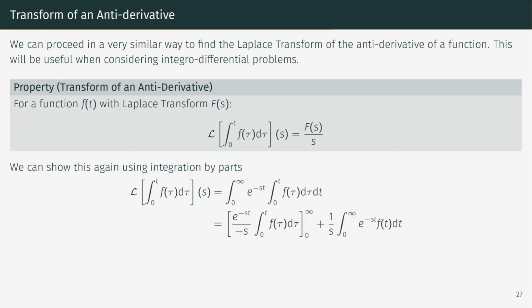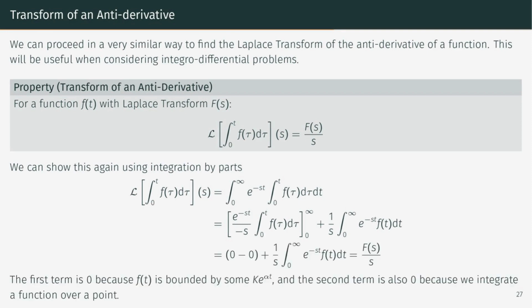This then equals e^(-st) over negative s times the integral of f(τ) dτ from 0 to infinity, plus 1 over s times the integral of e^(-st) f(t) dt from 0 to infinity.